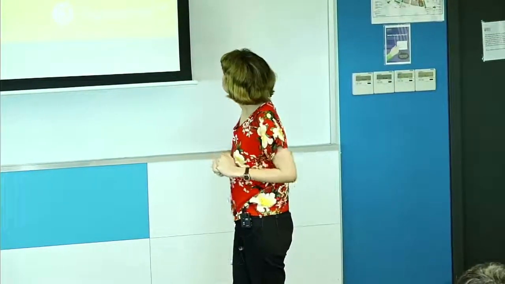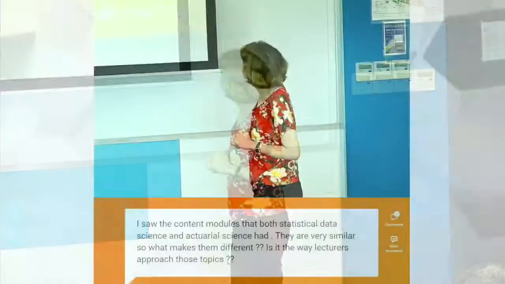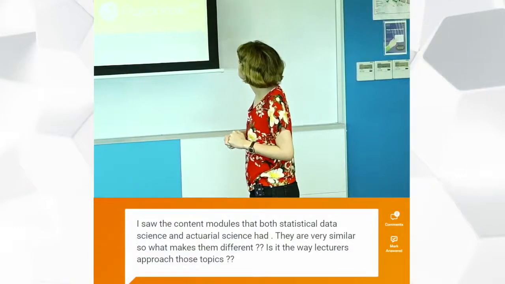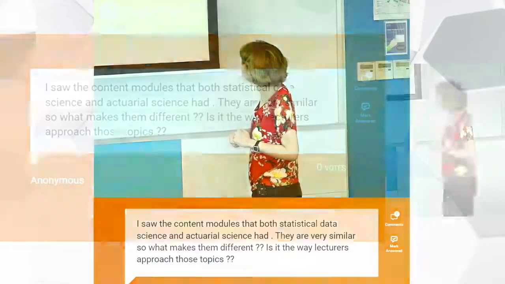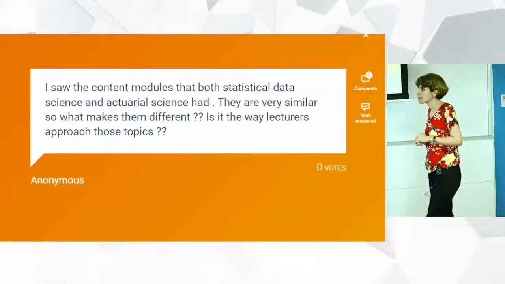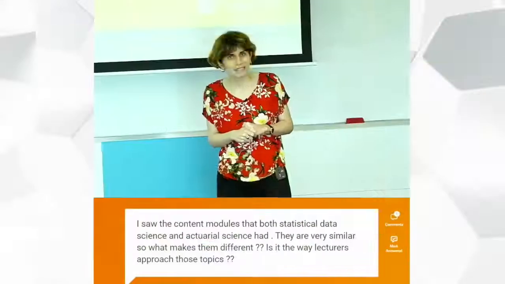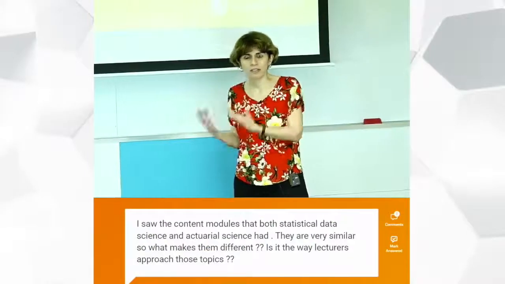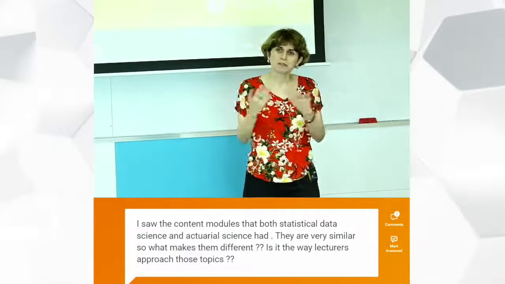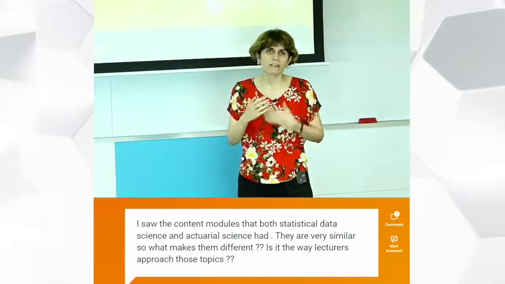I saw the content modules that both statistical science and actuarial science had. They are very similar, I agree. So what makes them different? Is it the way lecturers approach those topics? No, those courses which are compulsory for actuarial science are electives for data science, which are usually financial courses.